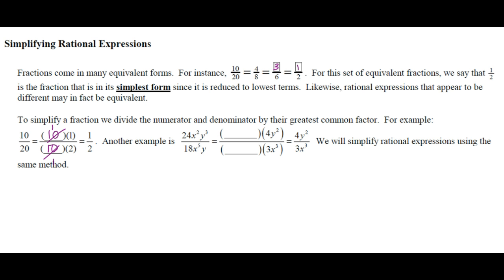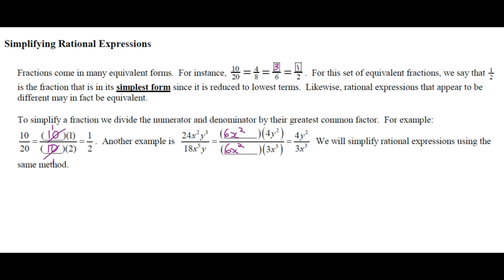Another example is 24x squared y cubed over 18x to the 5th y. So I want the greatest common factor. What's the biggest number that goes into both 24 and 18? 6. So put a 6 and a 6. Now, they share x's. So the greatest common factor is the lowest power of x, which is x squared.